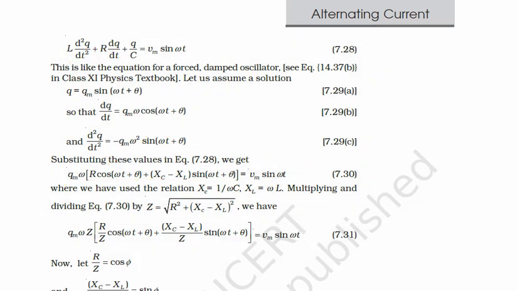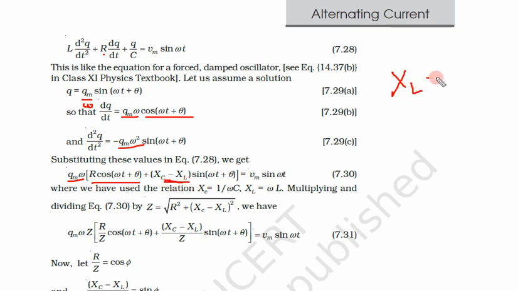So let us see all these things once again. This qm omega is common, and in this also we have to divide by omega. This R is here, and with R we have dq by dt, that means cos omega t plus theta is here. Now let us see this L term. The L term is d2q upon dt square, which is with minus, so it is written in terms of XL.